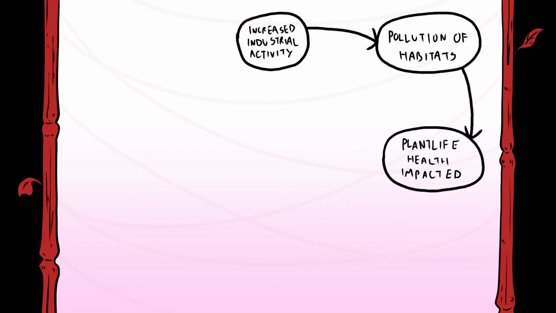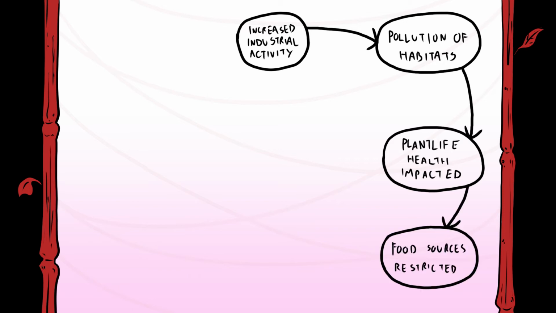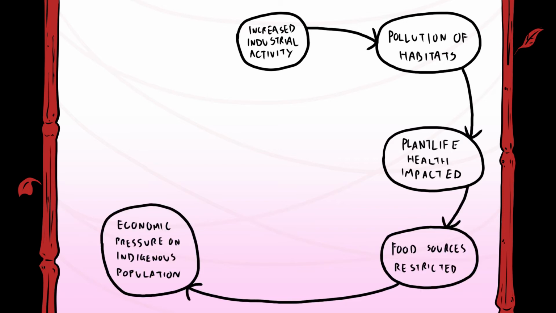Local plant life health is impacted within the ecosystem and will suffer stunted growth, not grow at all, or even concentrate toxins within themselves. When plants become affected, if they are eaten as a cultivated or foraged foodstuff for local indigenous inhabitants, the plants become unusable. This restricts food sources for indigenous people. Being unable to provide food from traditionally accessible sources increases economic pressure on indigenous people in the region.